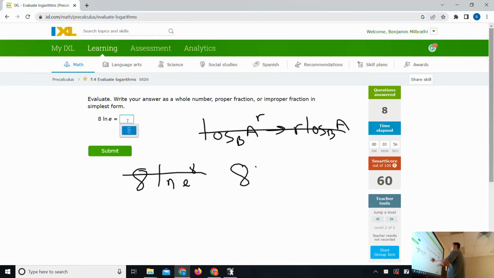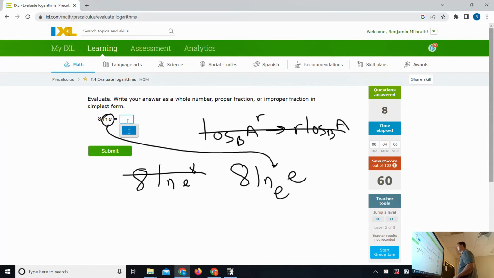When you talk about the natural log of e, it has an understood base of e. So that piece right there becomes this. Now what this little dude is asking is what power of e equals e.